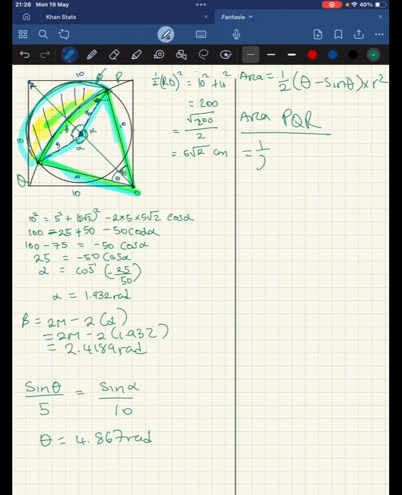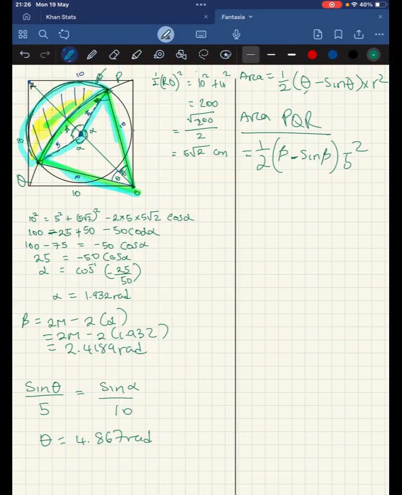Which is equal to half beta, which is now half beta minus sine beta times 5 squared.